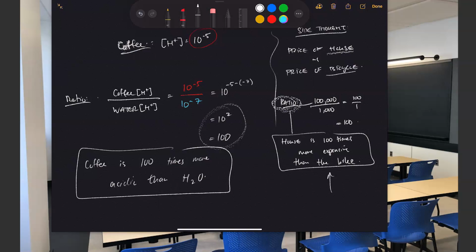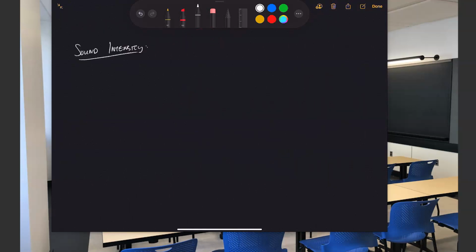And now let's work into looking at sound intensity. Another cool application is sound intensity. What's audible in terms of sound and the frequencies of sound is a huge range. And what do logs do? Logs squish huge numbers. Or rather, they squish huge ranges of numbers.